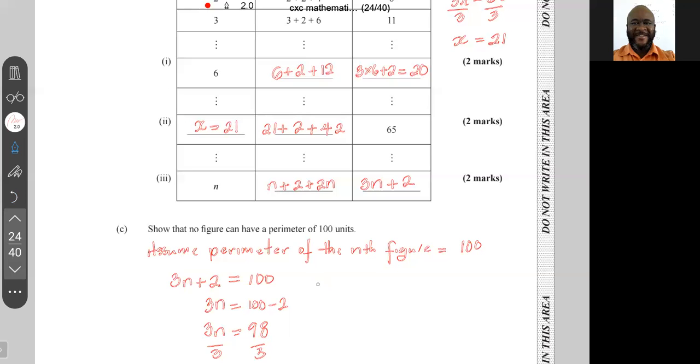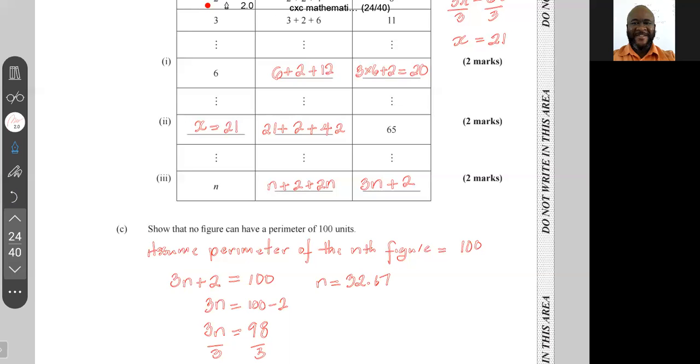And when I do that, I'm going to get n is equal to 32.67. Guys, n is a figure number. You can't have a 32.67 figure. It must be a whole number.